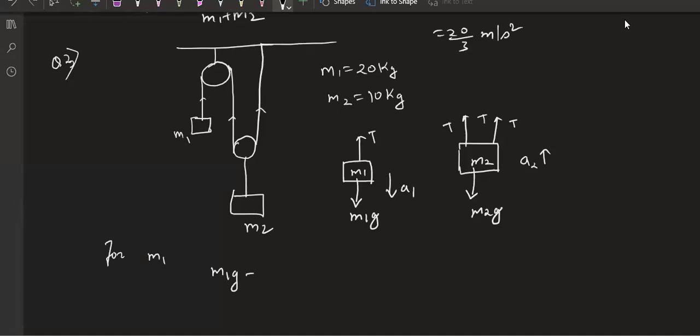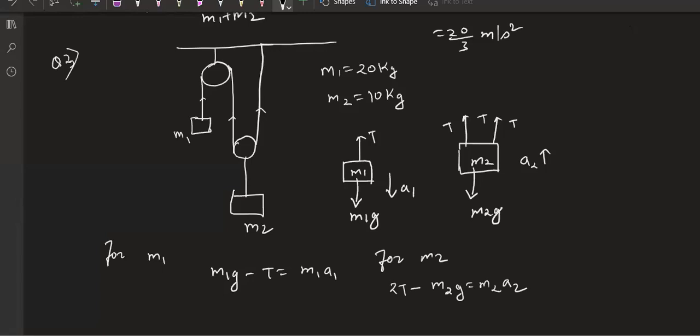In case of M2, it is 2T minus M2g is equal to M2 into A2. Everyone got this equation? Yes, very good.